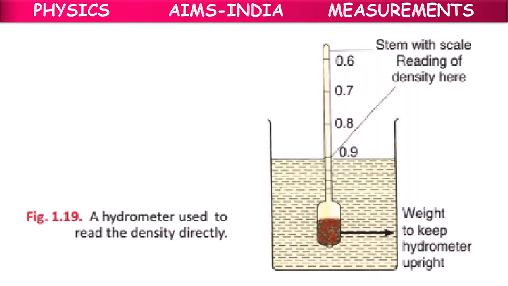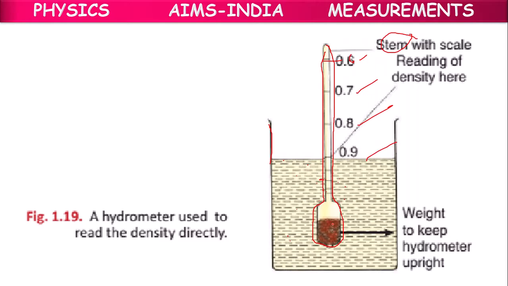So here, children, hydrometer means, in one kind of container, one liquid will be there. One stem with scale, one scale having some stem, is kept inside the liquid, which has some index points here: 0.6, 0.7, 0.8, 0.9, like that.